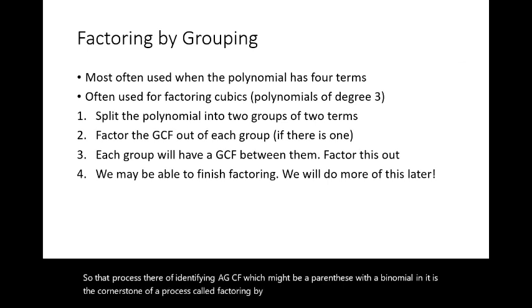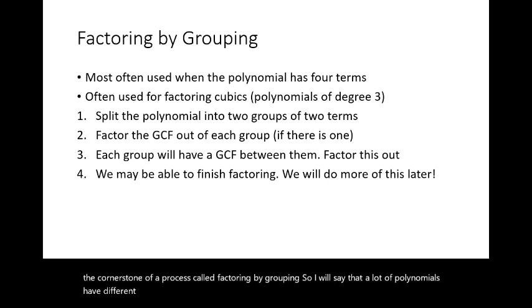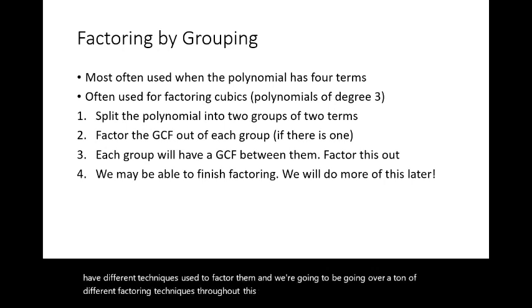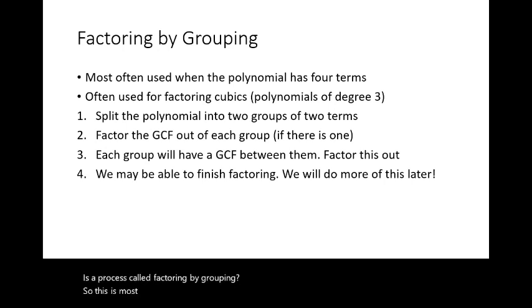So I will say that a lot of polynomials have different techniques used to factor them, and we're going to be going over a ton of different factoring techniques throughout this chapter. One factoring technique that relies completely on finding and factoring out greatest common factors is a process called factoring by grouping. So this is most often used when the polynomial has exactly 4 terms.